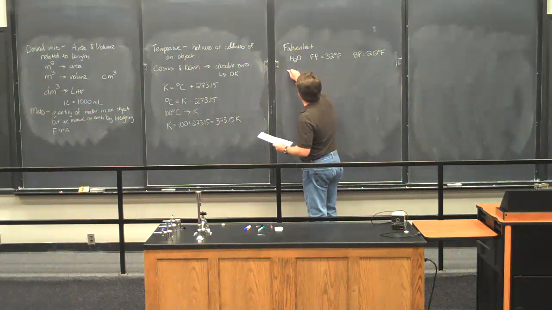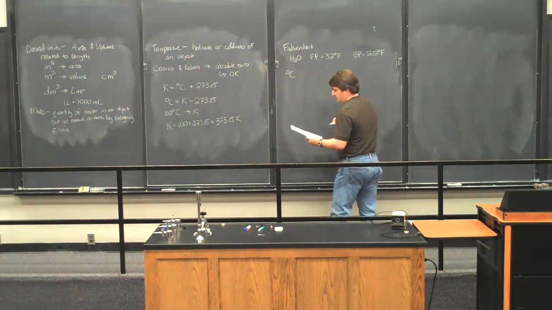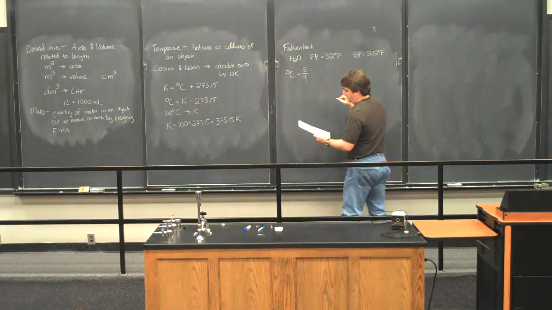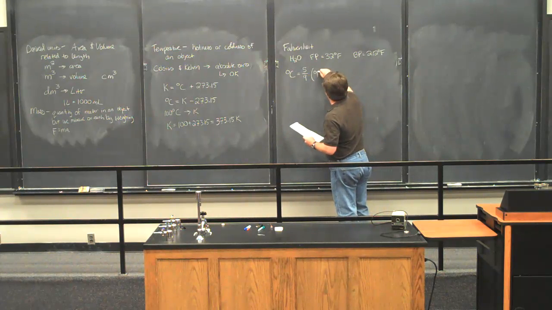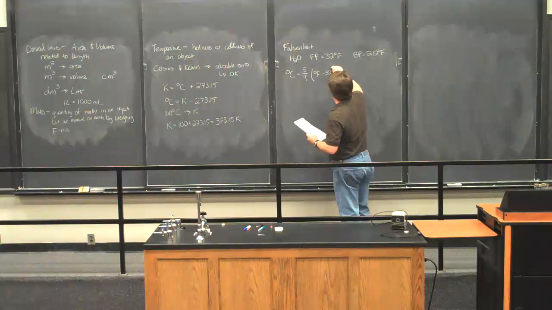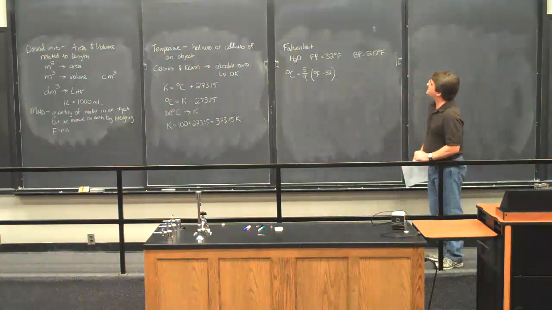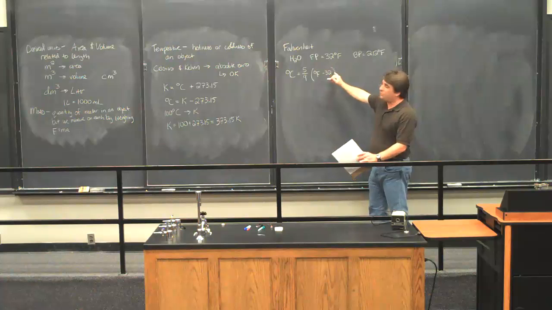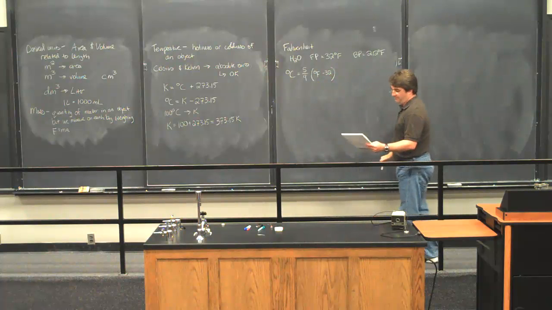And the equation for converting Celsius to Fahrenheit is a little more complex. So if we want to convert Fahrenheit to Celsius, I take my Fahrenheit temperature, I subtract 32, and then multiply it by 5/9.